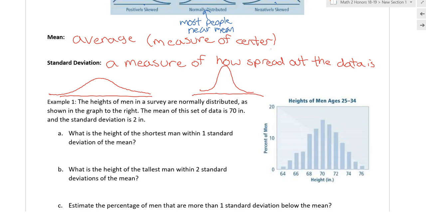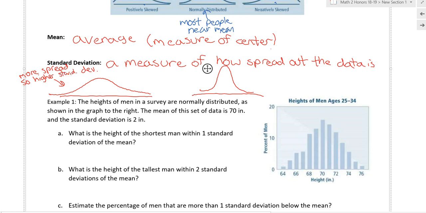This one is more spread out, so higher standard deviation. That's all your standard deviation tells you, is how spread out your numbers are.